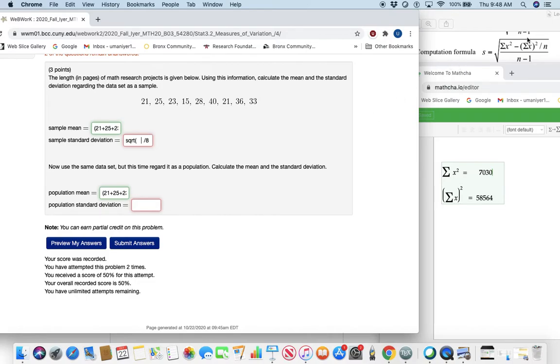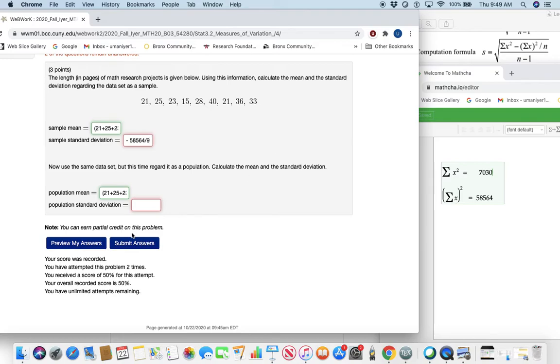What goes in the top? The top is a complicated expression, so place it in parentheses. The first number is summation x squared, 7030, minus the second number, summation x power 2 over n. So 5, 8, 5, 6, 4 over n, 9.